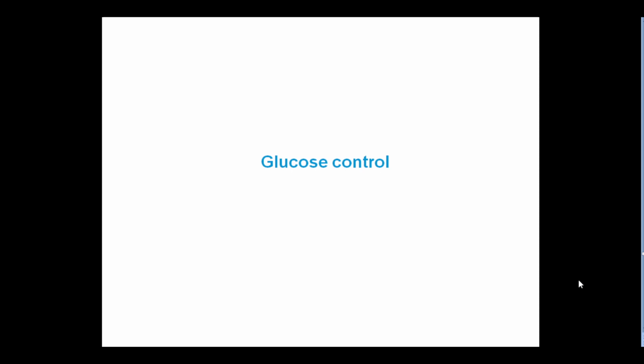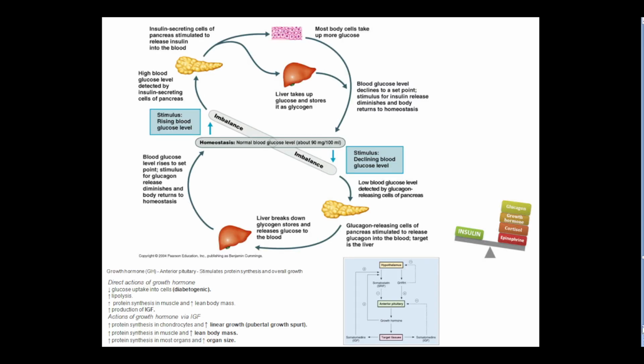Now, one more question you were asking to review is about the growth hormone influence on the glucose control, but I decided to review a little bit once again what the glucose control is. So here you can see the feedback loop. I'm pretty sure you have seen this one or something which looks the same.